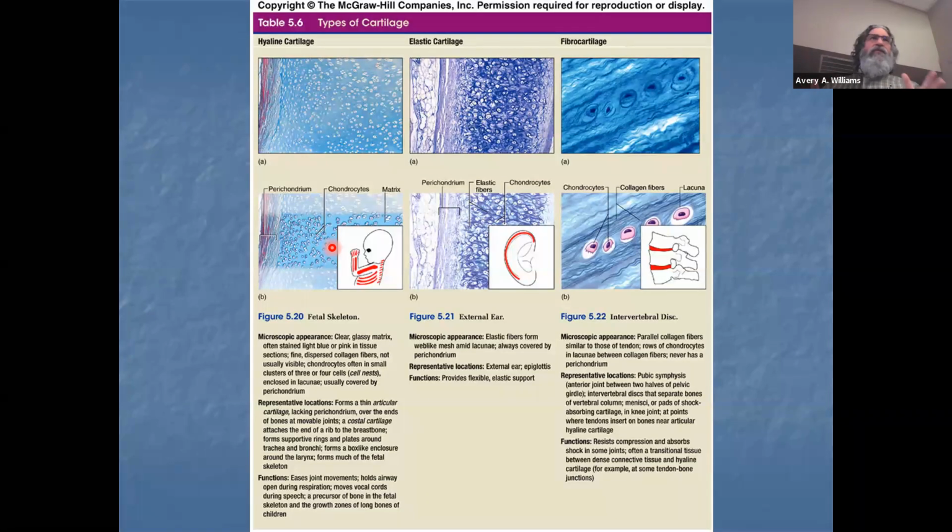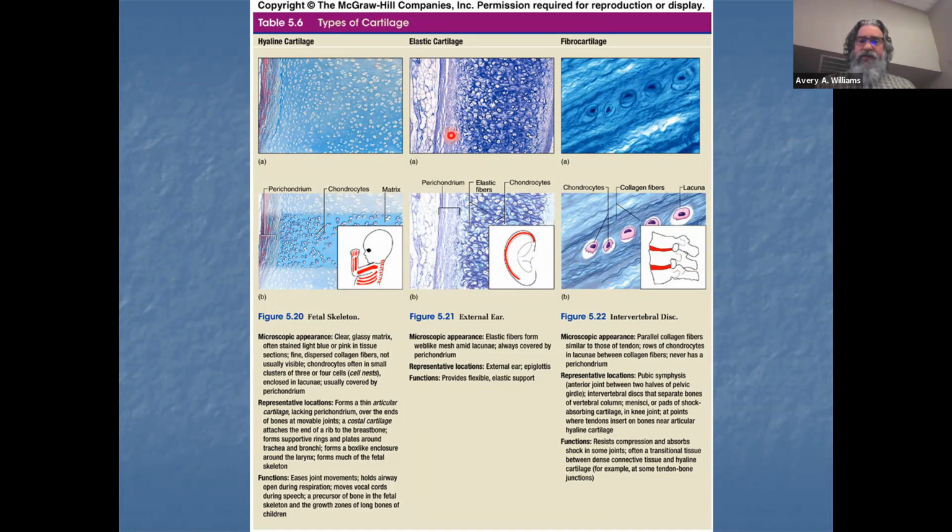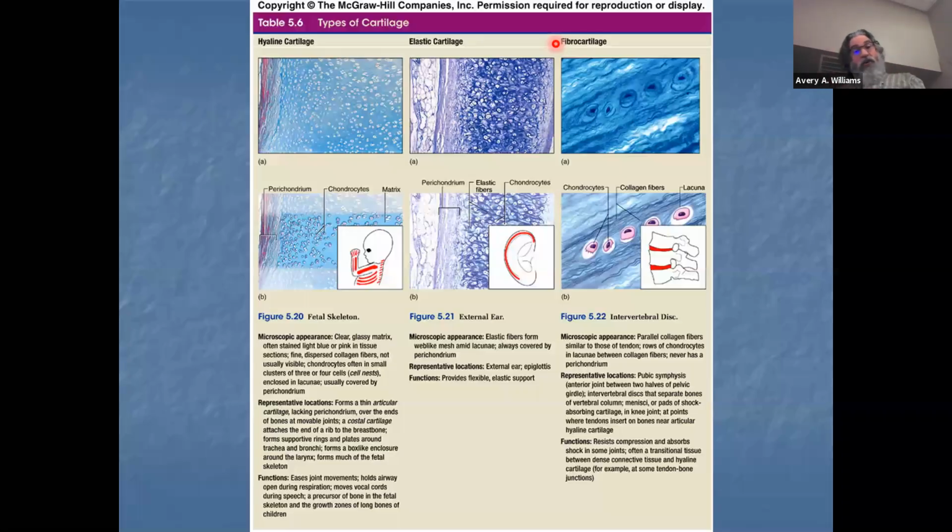How's it modified? Well, with one of the 2 different types of protein fibers, okay? The second one, it says elastic cartilage, okay? Do not confuse elastic cartilage with elastic connective tissue. Those are 2 completely different tissues. Now, they are both connective tissues, but elastic cartilage is a type of cartilage.